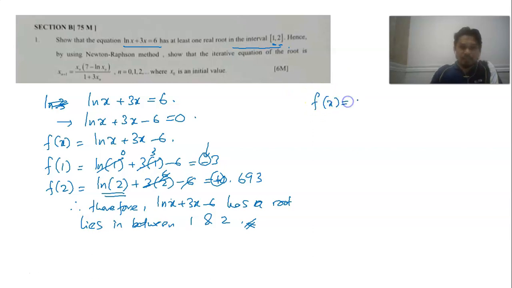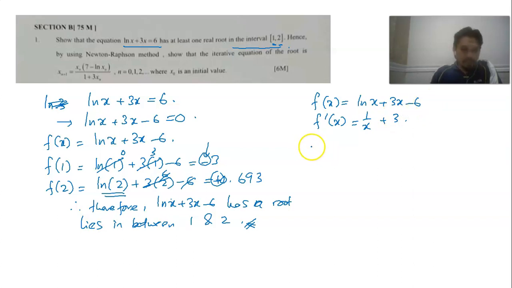Okay, so now f(x) equal to natural log of x plus 3x minus 6, and f prime x equal to differentiate ln x, it gives you 1 over x, differentiate 3x equal to 3, and differentiate 6 equal to 0.